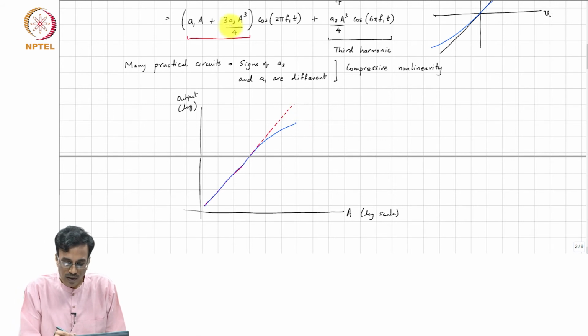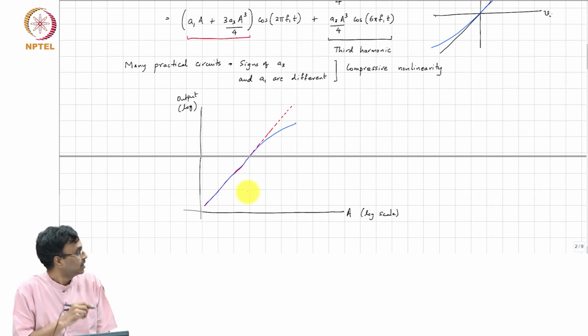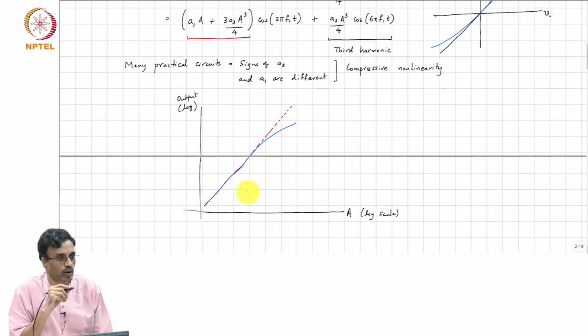Why? Because beyond a certain amplitude, that 3A3 A cube by 4 cannot be neglected, right.